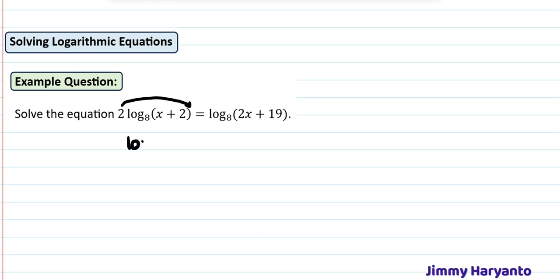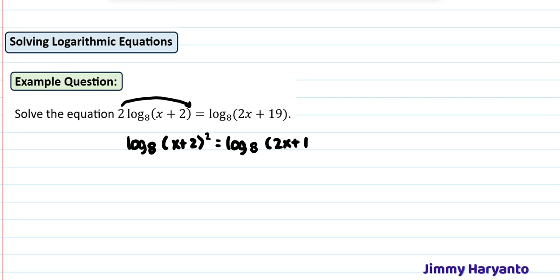That means logarithm 8 of x plus 2 squared equals to logarithm 8 of 2x plus 19. There you go. As you can see, the logarithm 8 is already the same. That means you can eliminate them. Therefore you'll have x plus 2 squared equals to 2x plus 19 only.